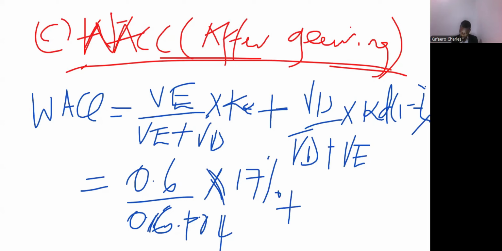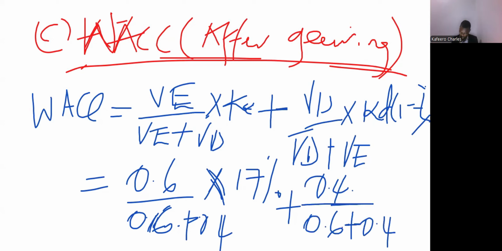Plus, of course, 0.4 over 0.6 plus 0.4. Then times 8%. But this 8% is supposed to be adjusted for tax, 1 minus 0.3, because it is 8%.